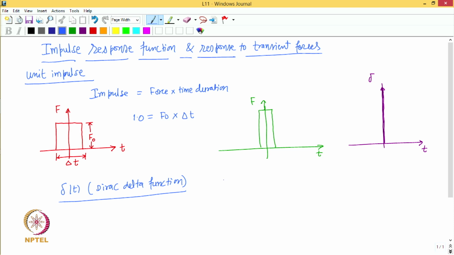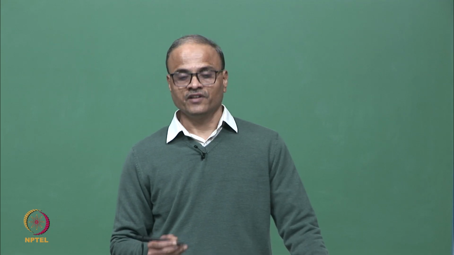right, and it is defined such that delta of t is not equal to 0 at t equal to 0 and it is equal to 0 at t not equal to 0, and its integration over the time axis is unity. So, which basically forces the impulse to have a unit strength.